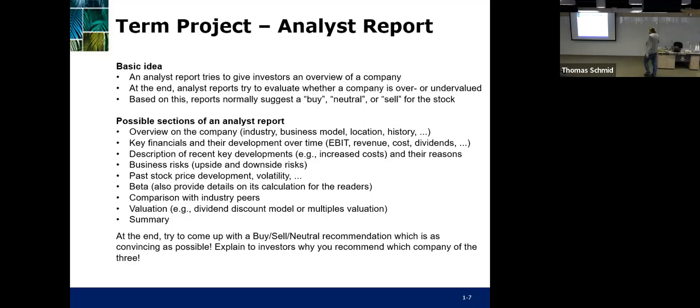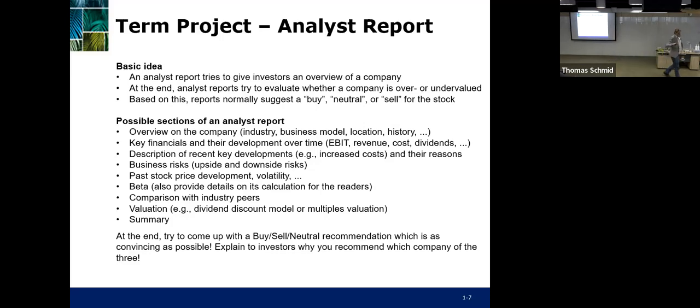For example, you take a multiples valuation approach, you come up with a value of the company according to your approach, and then you compare that value to the current market price. If the value according to your model is below the current market price, you would recommend a sell. If the value according to your model is above the current market price, you would recommend a buy. Because then the market price is too cheap, right? So you can buy something that has high value for a low price. So the valuation model is typically a very important part of an analyst report.